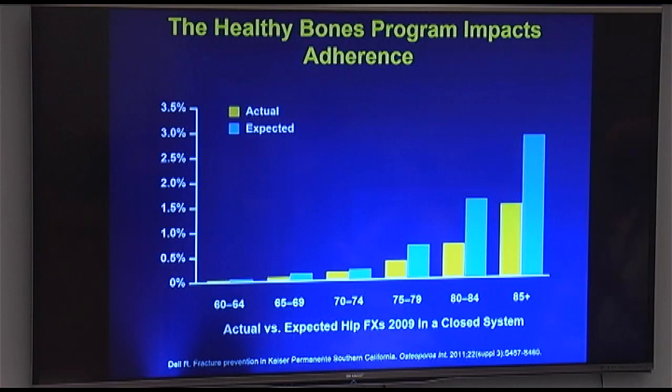And in terms of, again, the actual versus expected hip fractures, the actual is in yellow, the expected is in blue. So you can see that they reduced the expected incidence of fractures over these age groups enormously.